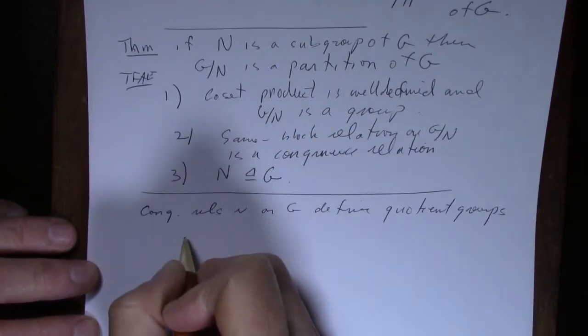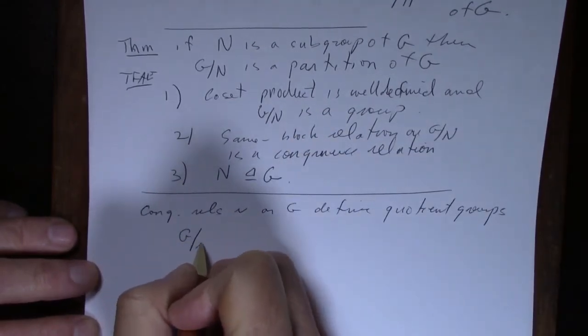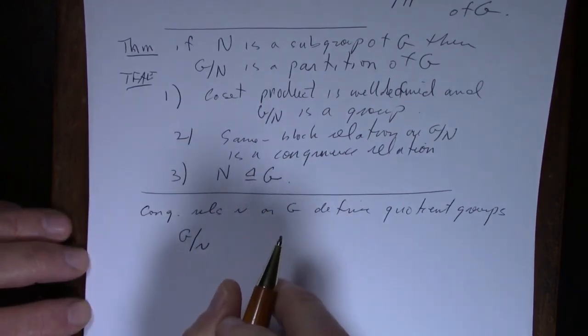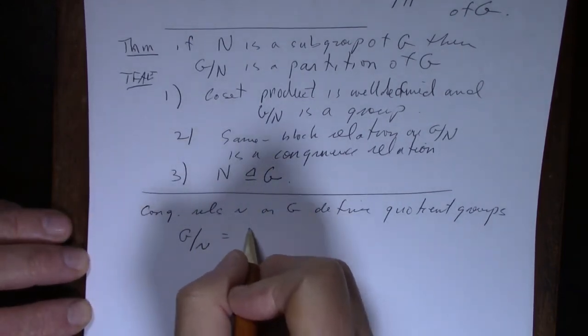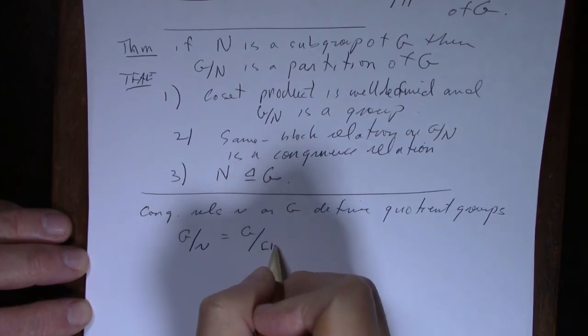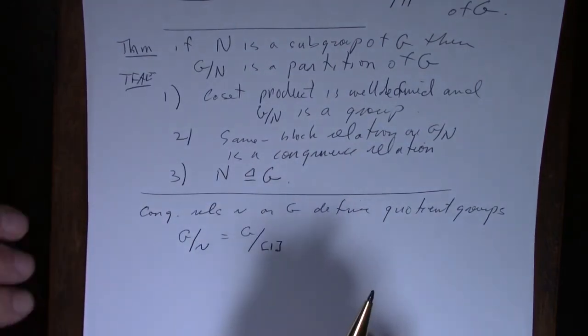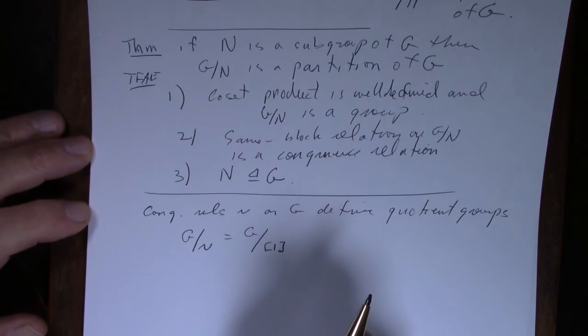In fact, we write the quotient group this way. This is G mod the equivalence class containing the identity. Okay.